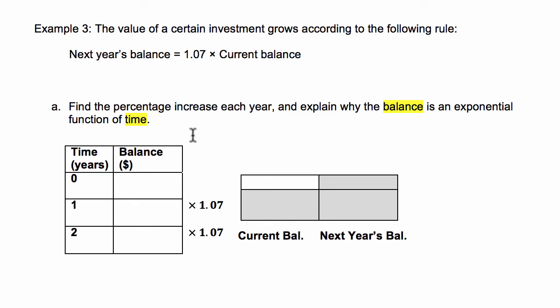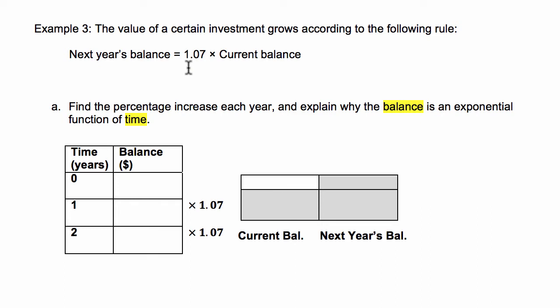Since this is the best we can do as far as completing our table goes, let's go on and answer the question. Find the percentage increase each year and explain why the balance is an exponential function of time. Once again, we were given next year's balance equals 1.07 times the current balance. 1.07 is a decimal. To turn it into a percent, we multiply it by 100.